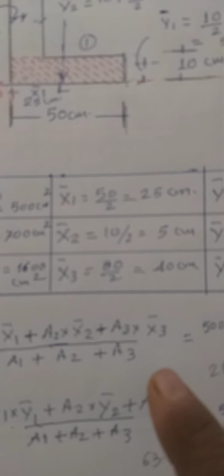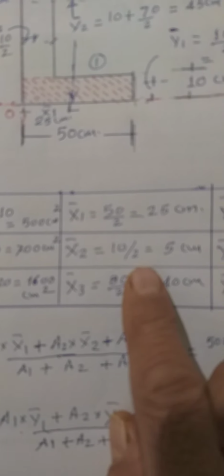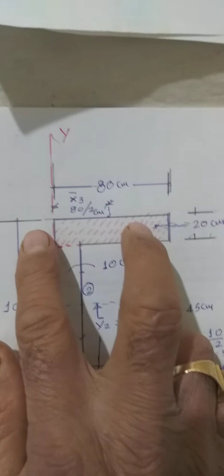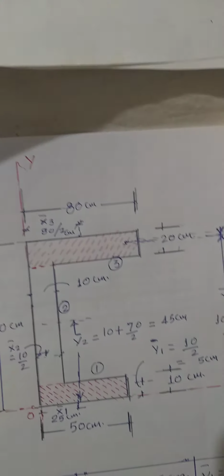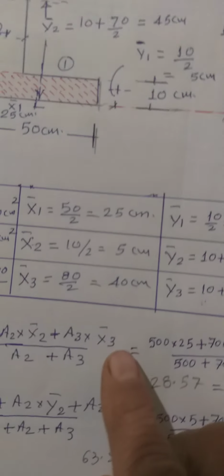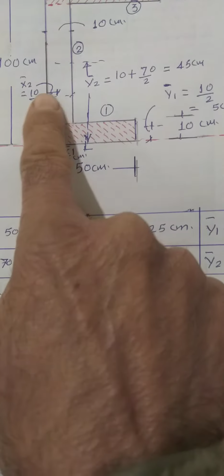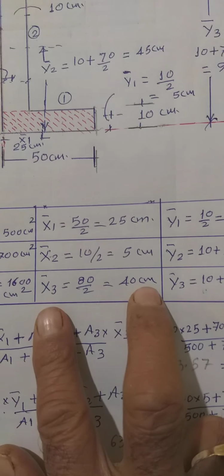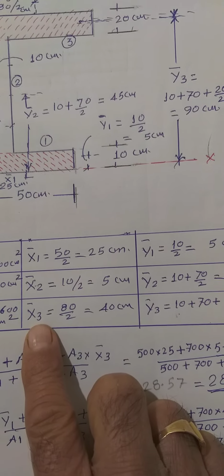Now you can see over here, this is 10 by 2, that is 5 centimeter. And now when I'm talking about this one, total is 80. X bar 3 will be 80 by 2, that is 40 centimeter. This comes out to be 40 centimeter. So we have seen how it is 25, how it is 5, and how it is 40. That will give the value of x bar 1, x bar 2 and x bar 3 respectively.